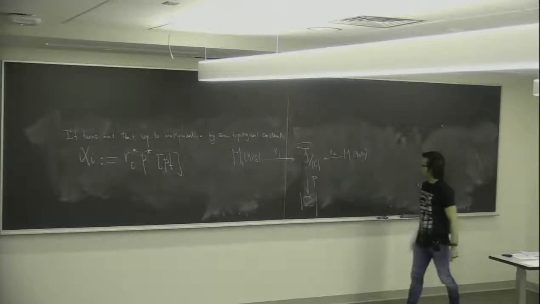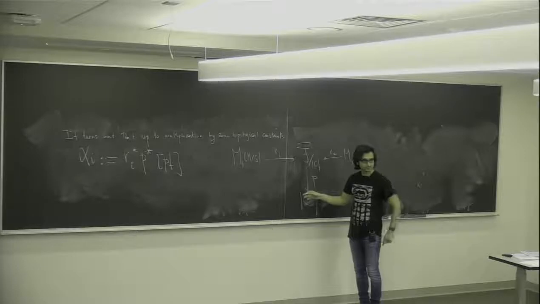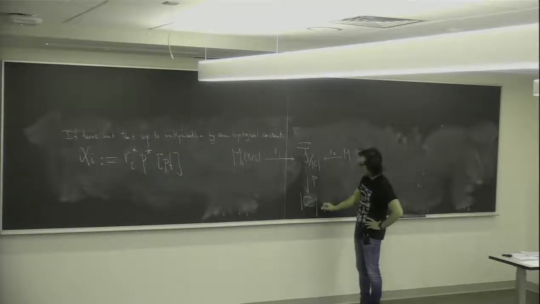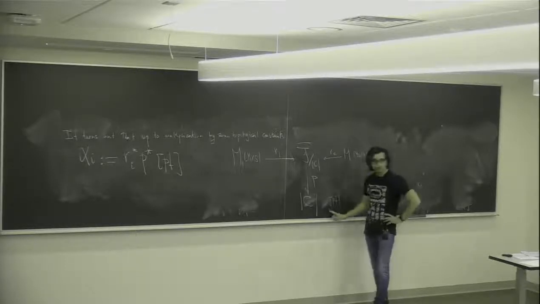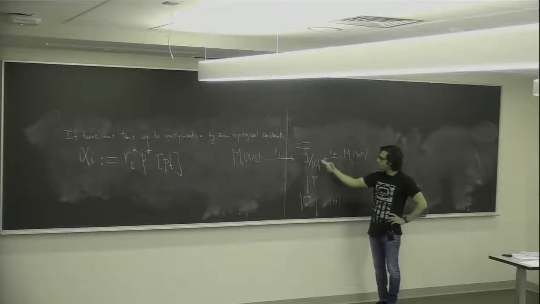The very fact that this is a Lagrangian fibration tells you that if I pick a point class in A0 and pull it back to the relative Jacobian, it will be a three-dimensional cycle.